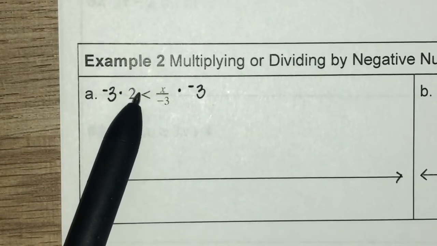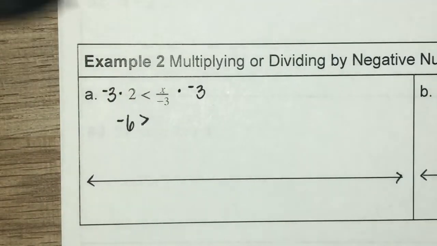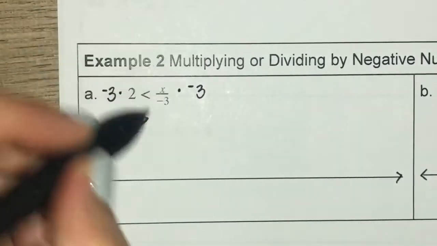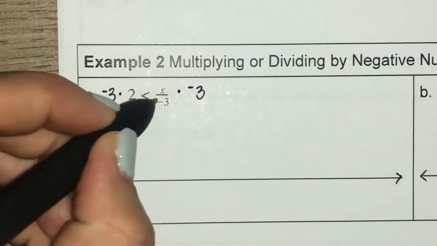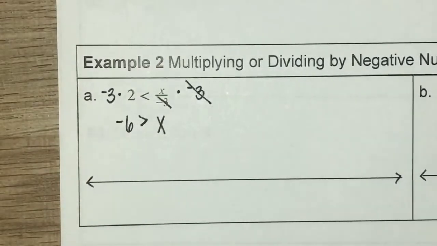So it was pointing to the left, I need to flip it so that it points to the right. Multiplying by negative 3 and dividing by negative 3, those cancel each other out, and you're just left with x.